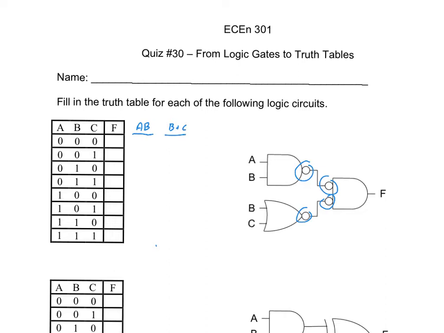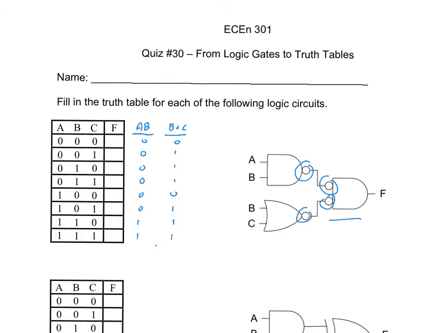So when A and B are 0, A AND B is going to be 0, 0, 0, 0, 0, 0, 1, 1. And then B OR C is going to give us 0, 1, 1, 1, 0, 1, 1, 1.